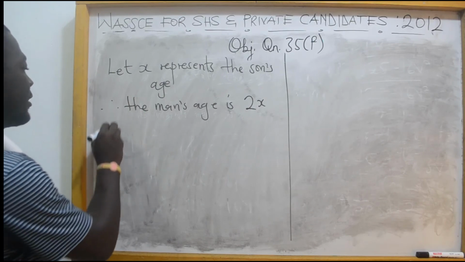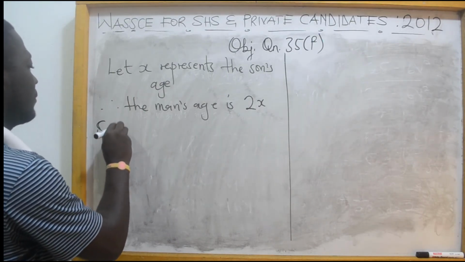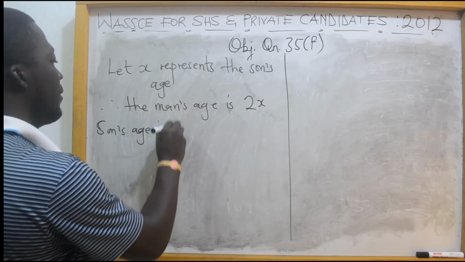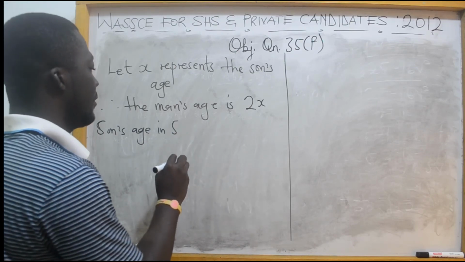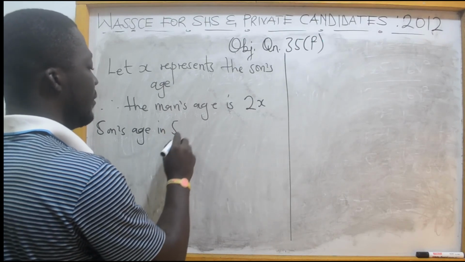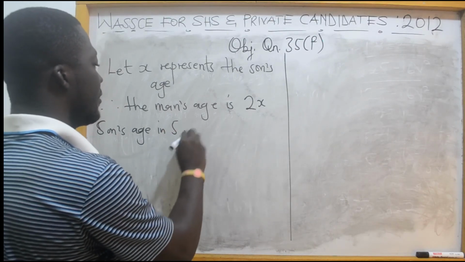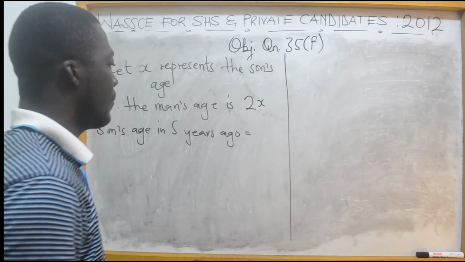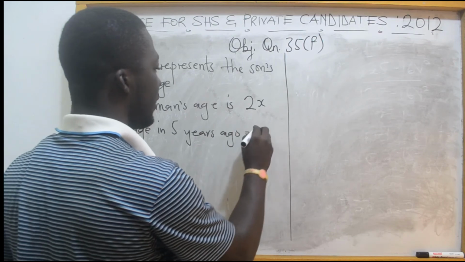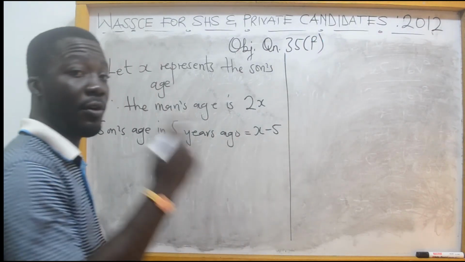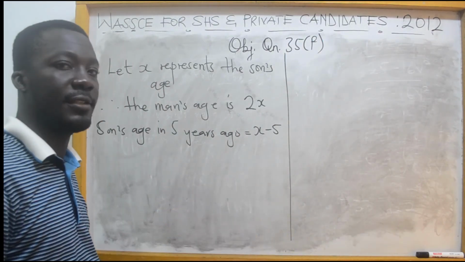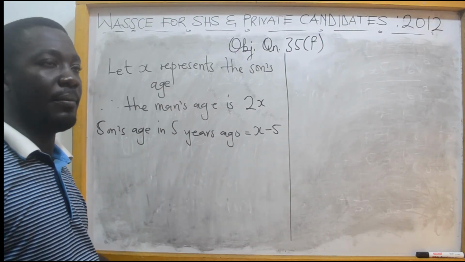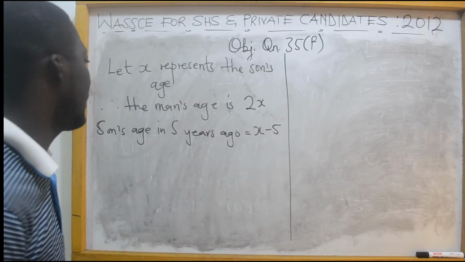So son's age 5 years ago is equal to x, so x minus 5. So all the past ages we have to subtract. If 5 years ahead of us, we will add, but those ago ages we have to subtract.